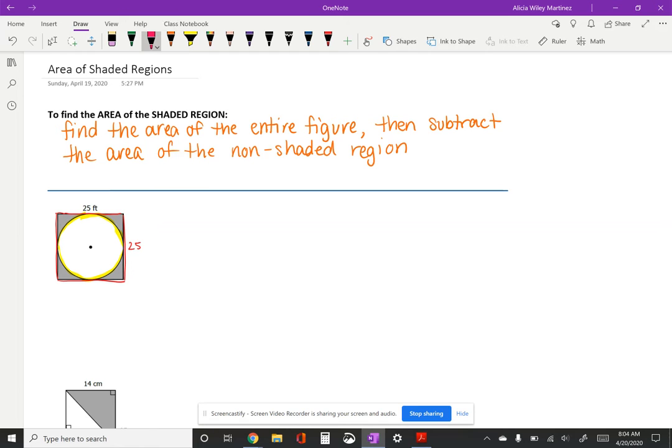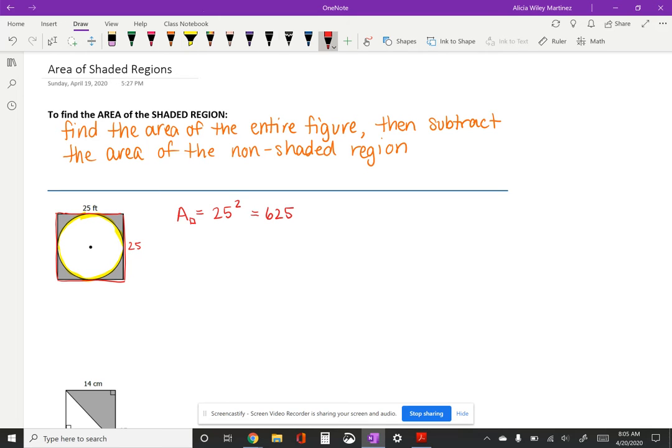Remember, the area of a square is the side times the side, or the side length squared. 25 squared is going to be, I'll put a little square there so you know that's the square, 625.